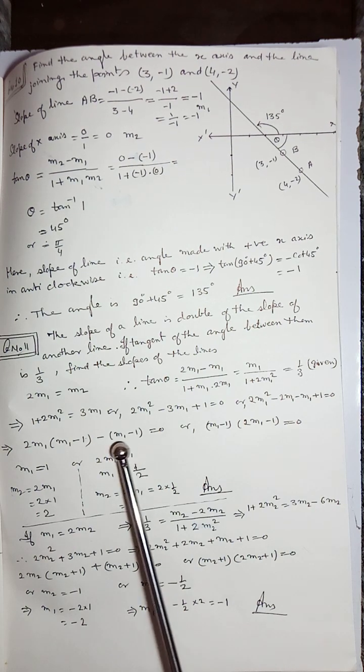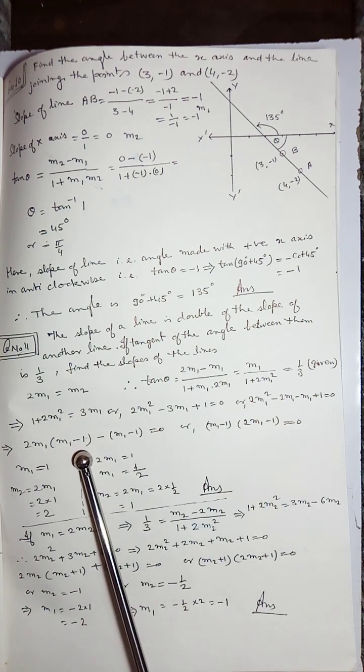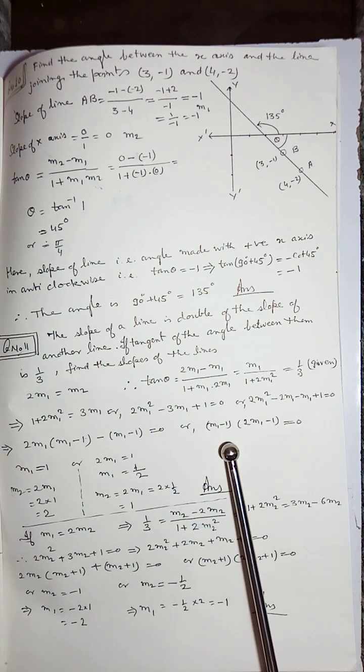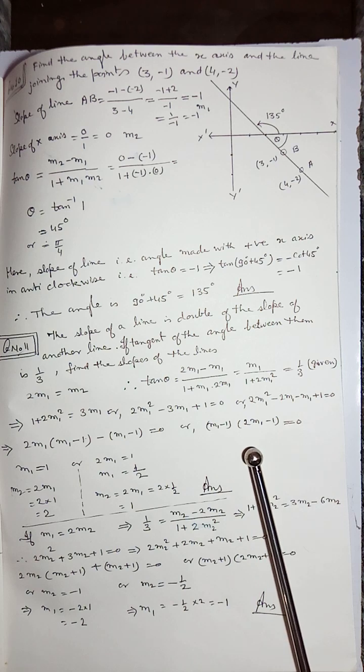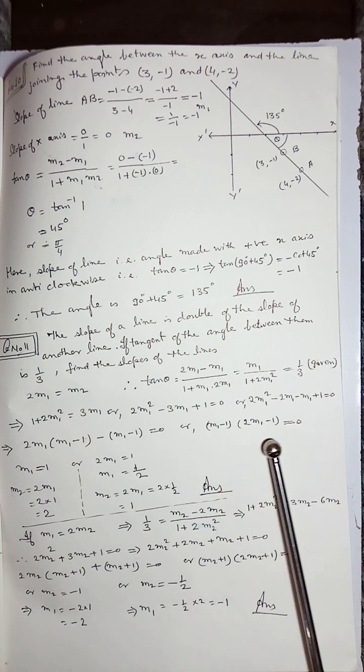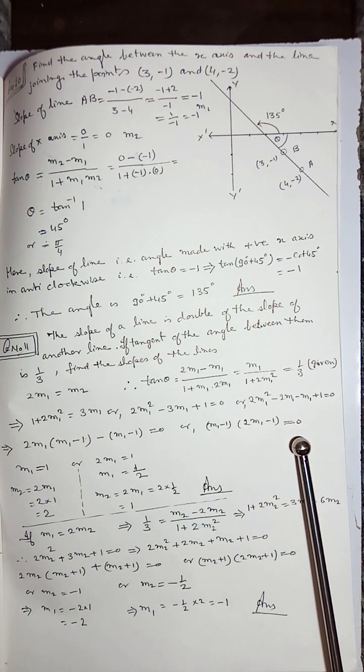Now I have taken m1 minus 1 common. Now we are left with twice m1 minus 1 equal to 0.